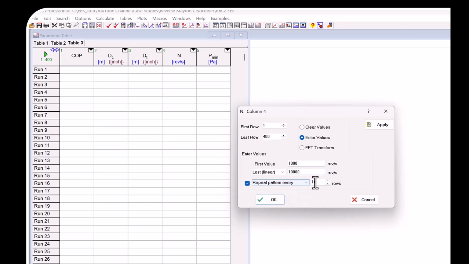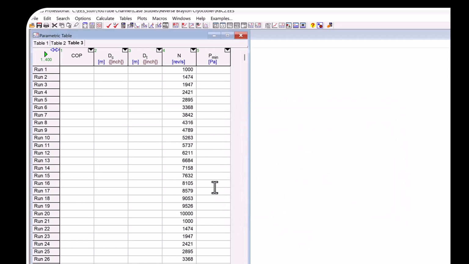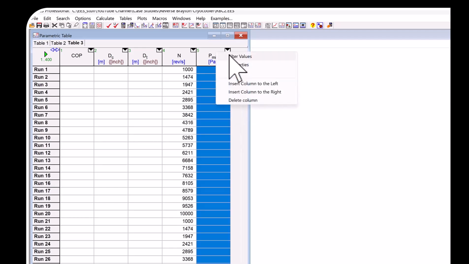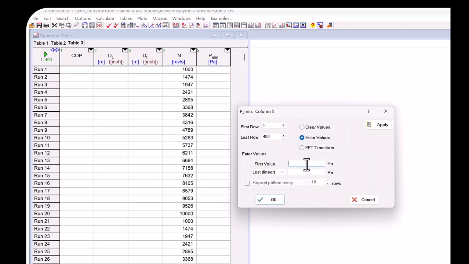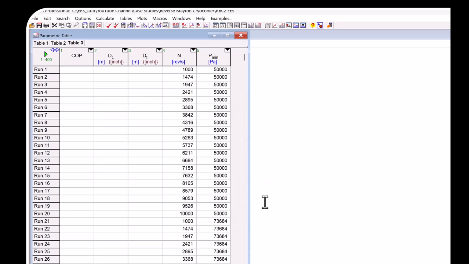I'm going to go ahead and repeat that pattern every 20 rows, so that should just repeat this over and over again. And then I'm going to vary the minimum pressure from, let's say, 50,000 to 500,000, so 50 kilopascals to 500 kilopascals. And I'm going to apply that pattern every 20 rows. So this gives me a complete grid over that range of speed and pressure.